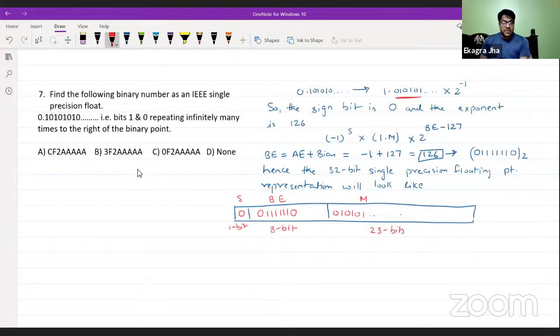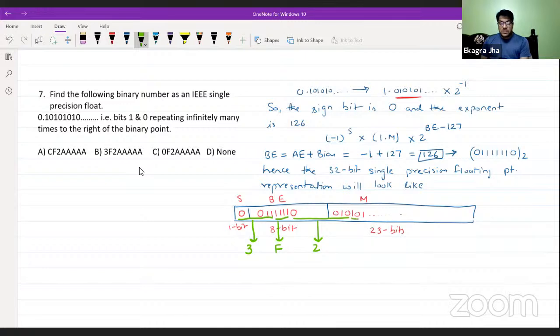Correct. So based on these, the hexadecimal format should be: the first 4 bits are 0011, which is the value 3. Then 1111 is the hexadecimal value f. Then 0010, this is the hexadecimal value 2.